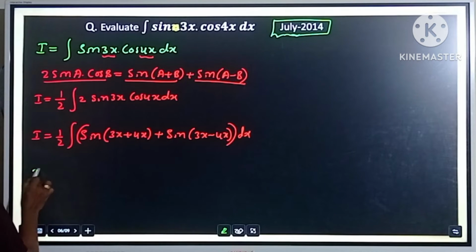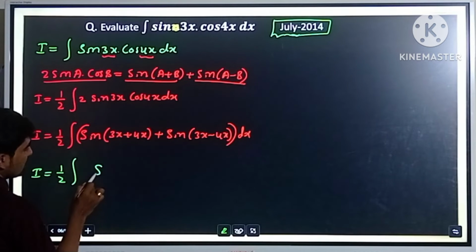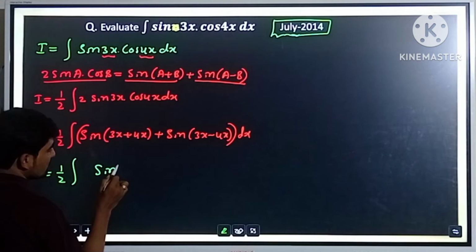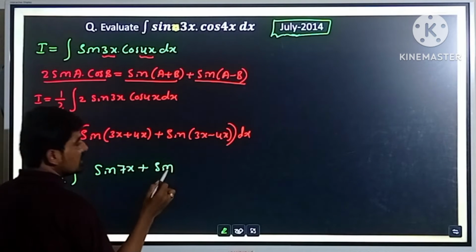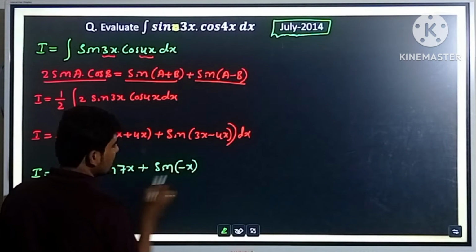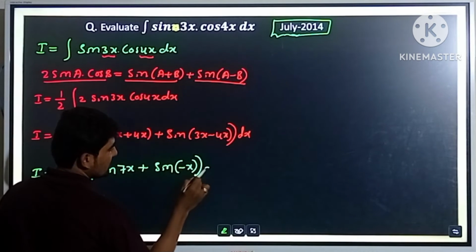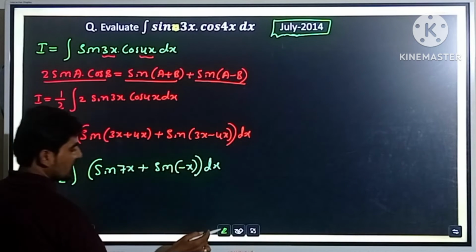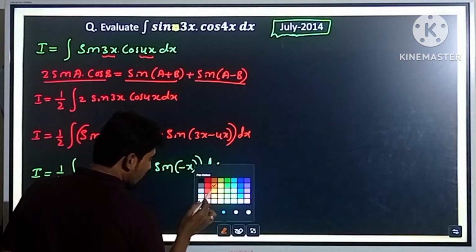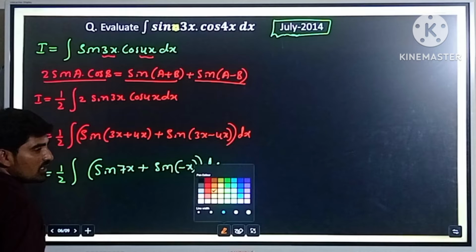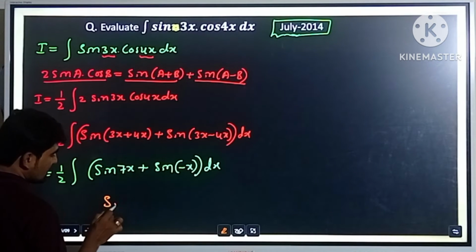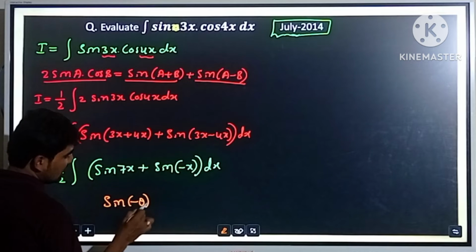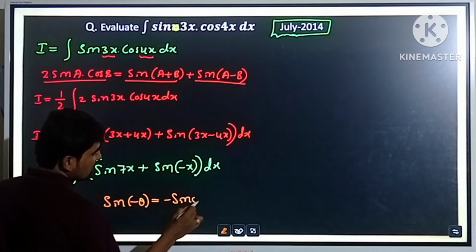I hope all of you are understanding. Now I is equal to 1 by 2 into the integration of sin of 3x plus 4x, which is 7x, plus sin of 3x minus 4x, which is minus x, with respect to x. Now we have one of the trigonometric identities, or we call it the condition of negative angles. That is what? Sin of minus theta is equal to minus sin theta.